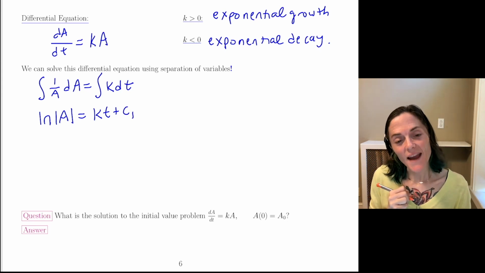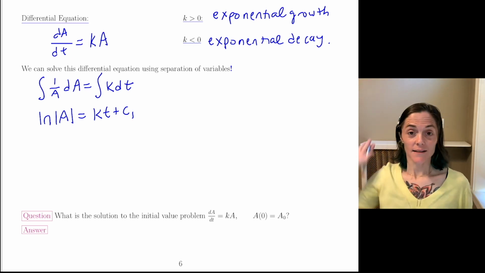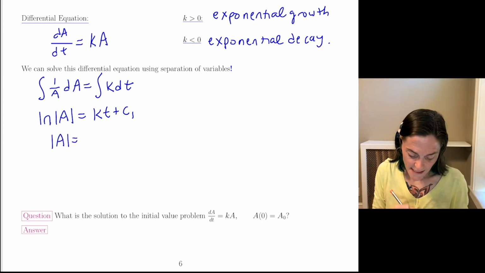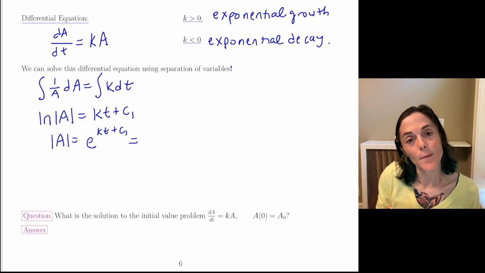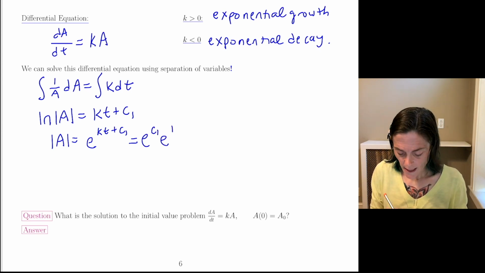How do we solve for A? Well, we can take e to the power on both sides. So here we get absolute value of A. On this side, we have e raised to the kt plus C1. And let me make a little simplification step, properties of exponents. This is e to the C1 times e to the kt.